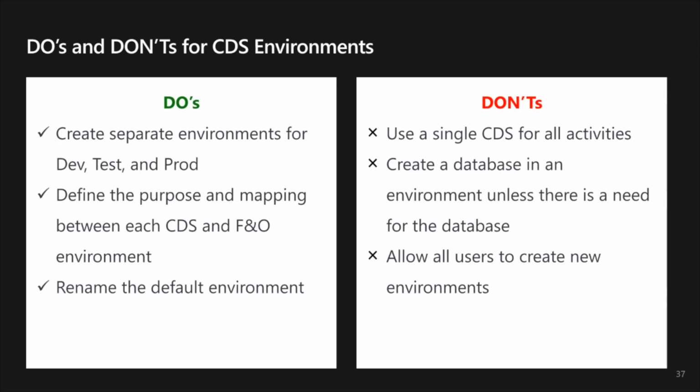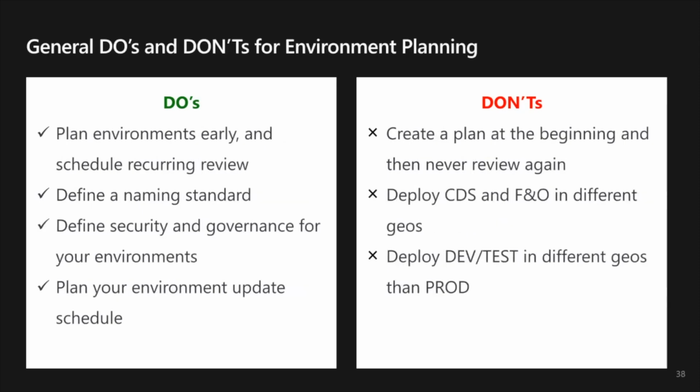So taking a look next at some of the do's and don'ts that are just more general around environment planning. Some things to make sure that you're doing, and we've said it multiple times. I think all three of us have said it more than once. We're just going to say it again. Plan environments early and schedule recurring reviews. So do it early, do it often.